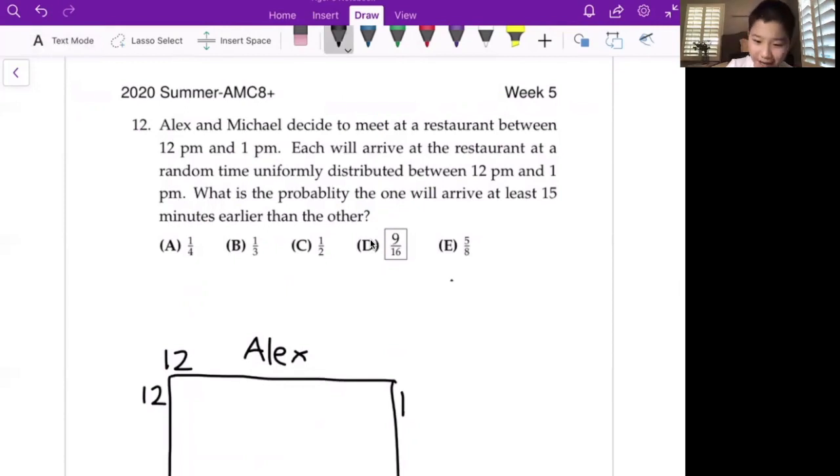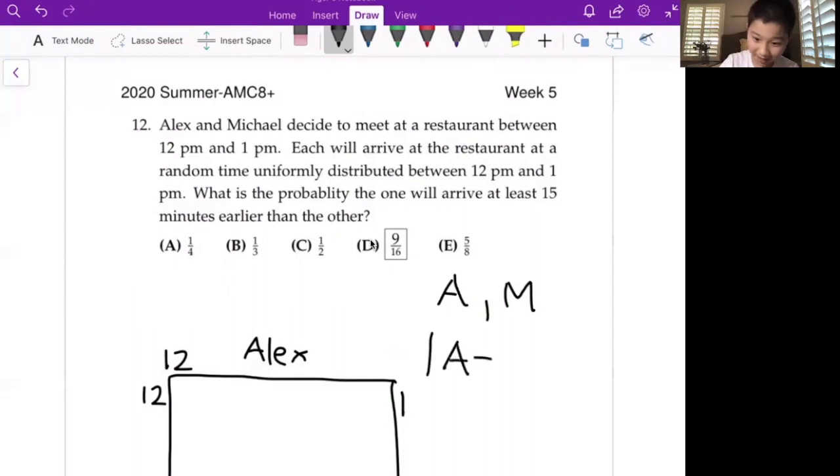Let's see. Let A be Alex's time, and then let M be Michael's time. One will arrive at least 15 minutes earlier than the other. That means the distance between their arrival times is more than 15 minutes. What is distance?